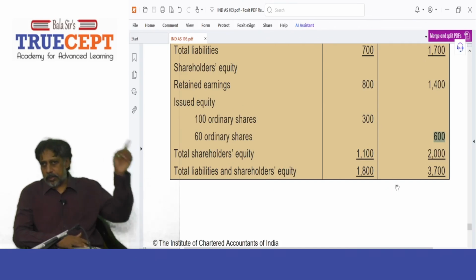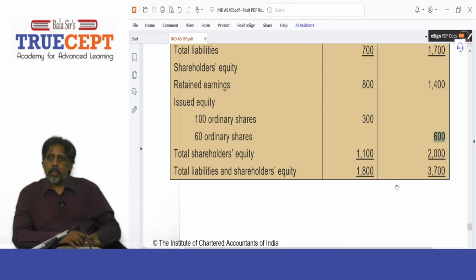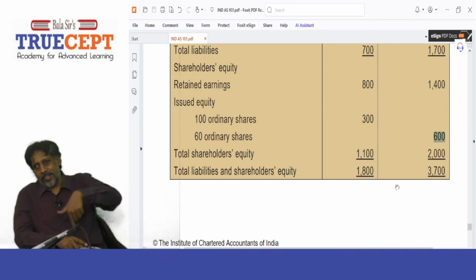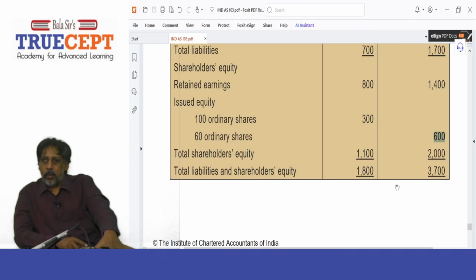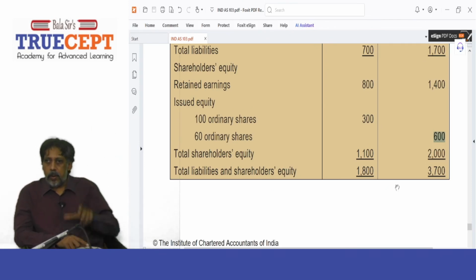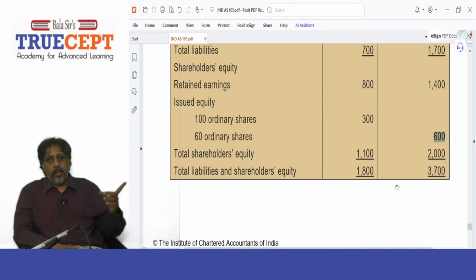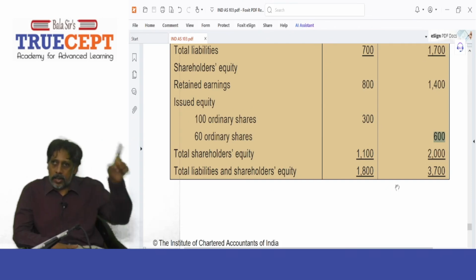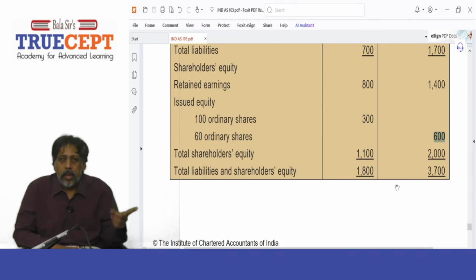So going by the substance, A is the legal parent but an acquiree for accounting purpose, whereas B is a legal subsidiary but an accounting acquirer. In the guidance, they keep on using these words: A, legal parent, accounting acquiree, and B Limited, the legal subsidiary, but accounting acquirer.